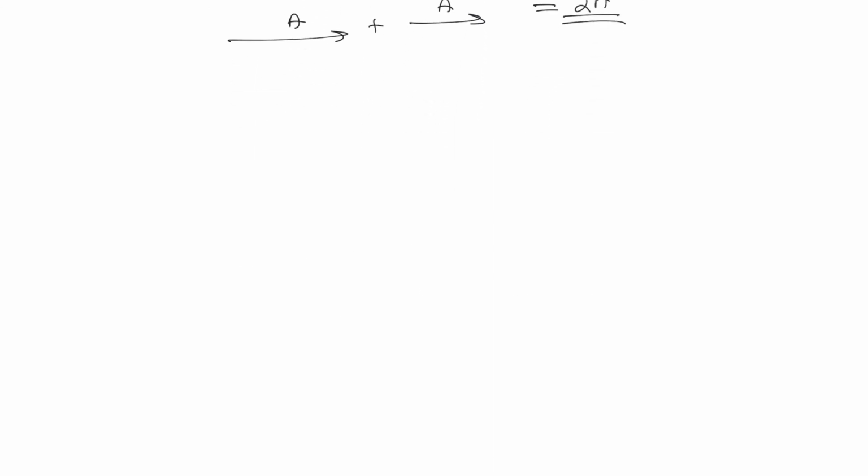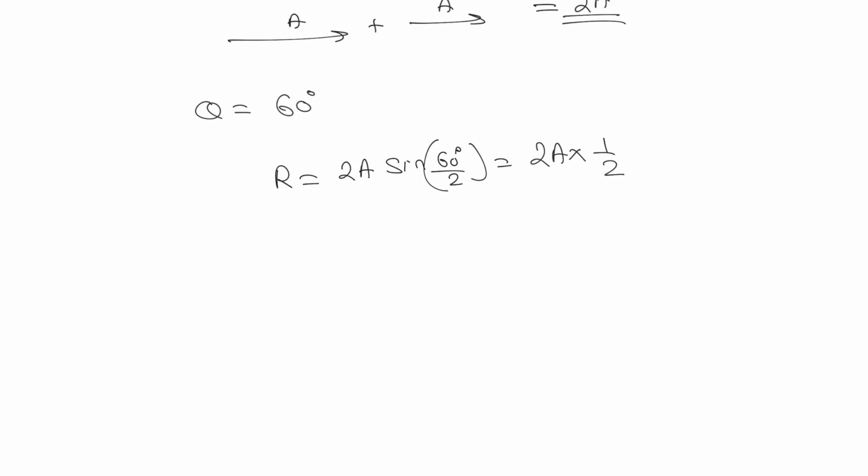We can take one more situation: if theta is 60 degrees. Then r equals 2a sine 60 divided by 2. Sine 60 by 2 is sine 30, so 2a sine 30, and sine 30 is 1 by 2, so we get the answer a.